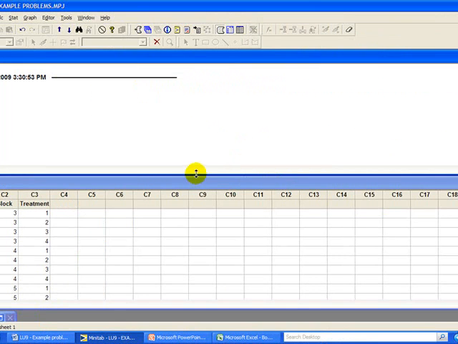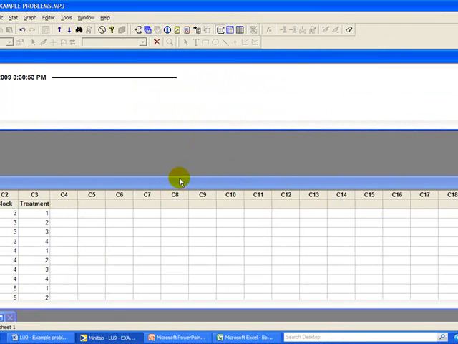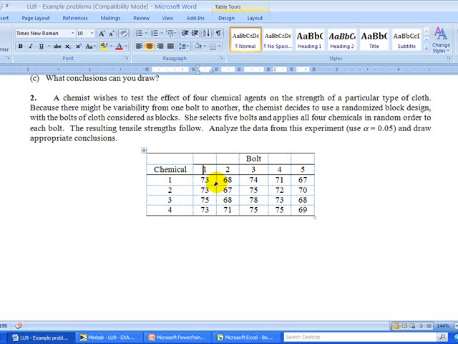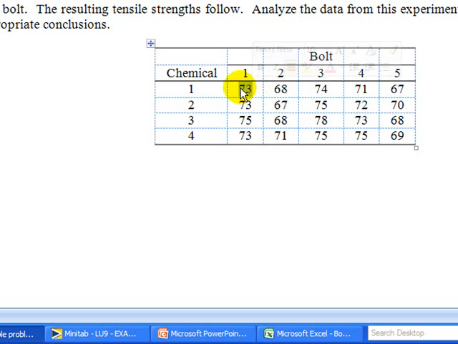I already opened the Minitab here, and I have already entered the values. So now the most important thing here is to look at how I entered those values. There are basically 5 multiplied by 4, 20 observations, right?